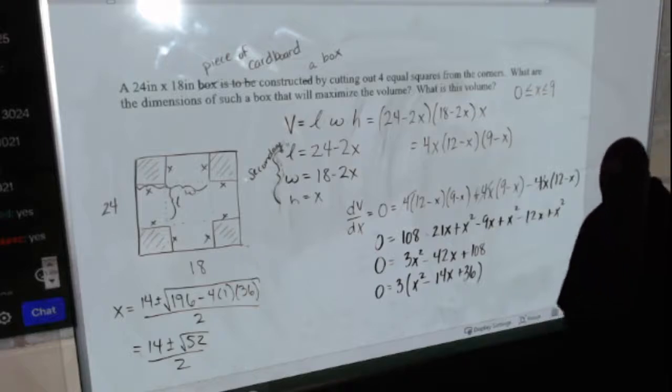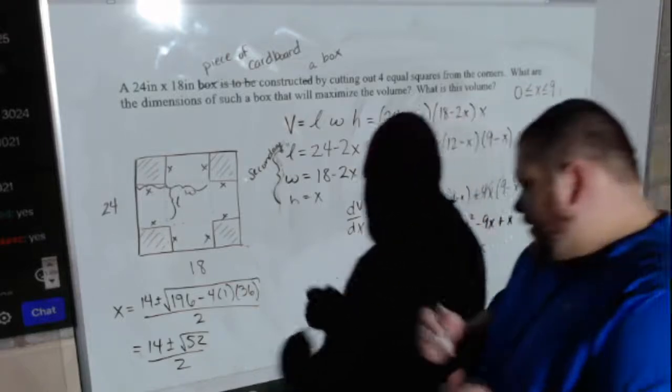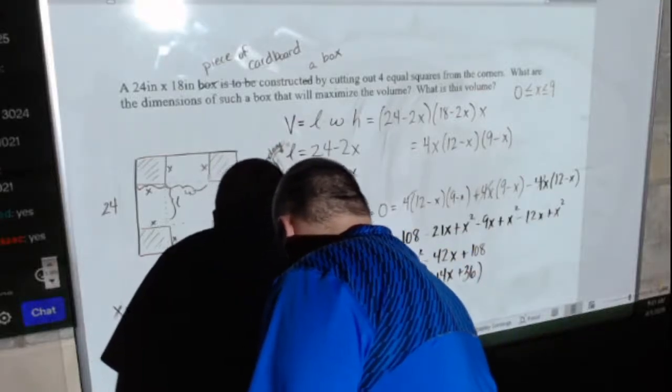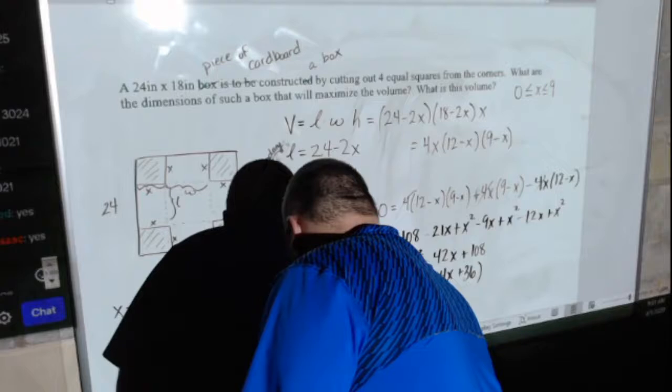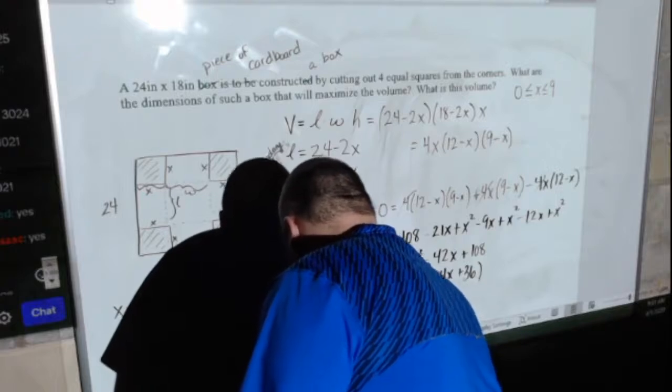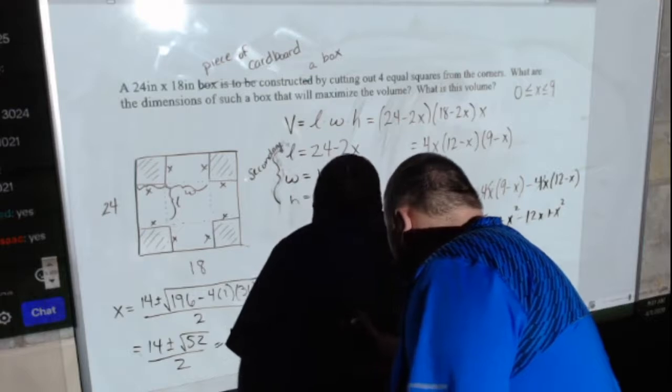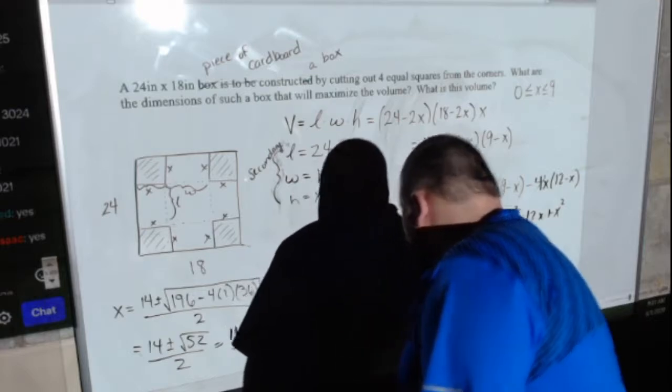Four. So that would be 14 plus or minus 2 square root of 13 over 2, or 7 plus or minus square root of 13.